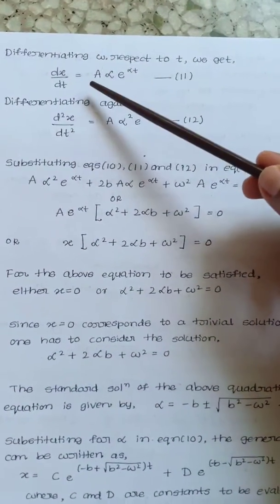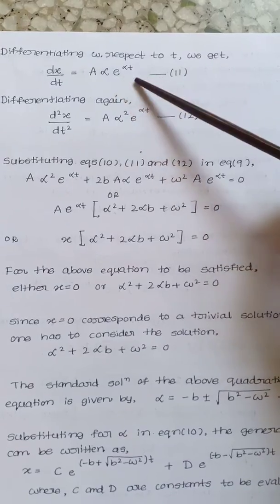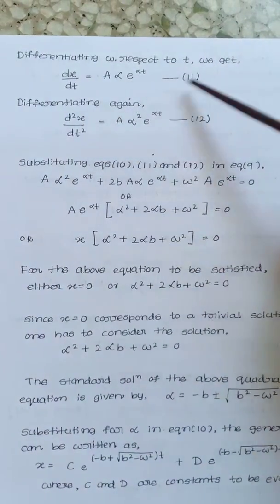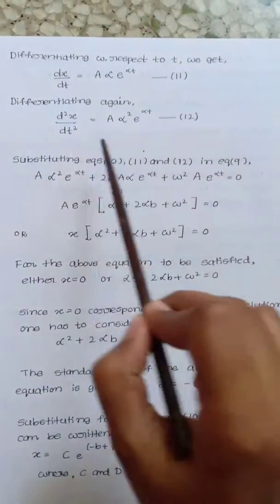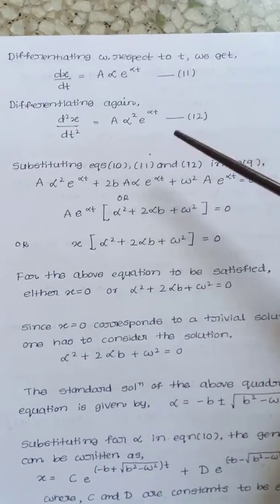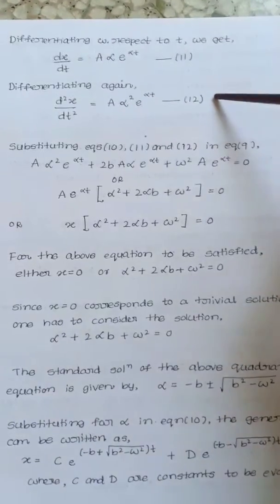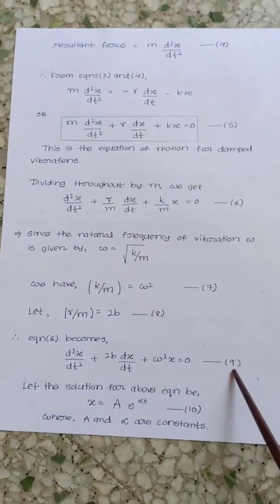You will get dx by dt is equal to a into alpha e to the power of alpha t. Now again differentiate this. You will get this equation. Now substitute equations 10, 11 and 12 in equation 9.